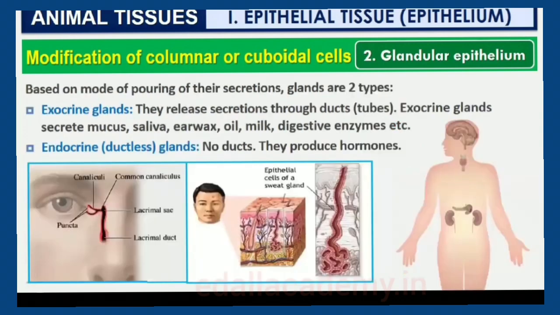On the basis of the mode of pouring of their secretions, glands are divided into 2 categories, namely exocrine and endocrine glands. Exocrine glands secrete mucus, saliva, earwax, oil, milk, digestive enzymes and other cell products. These products are released through ducts or tubes. In contrast, endocrine glands do not have ducts. Their products, called hormones, are secreted directly into the fluid bathing the gland.